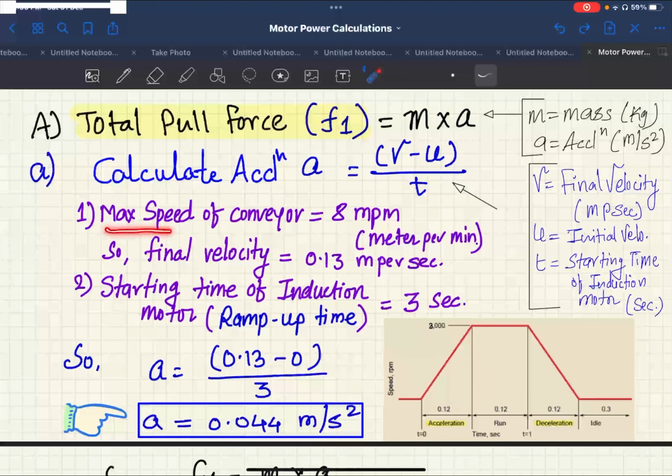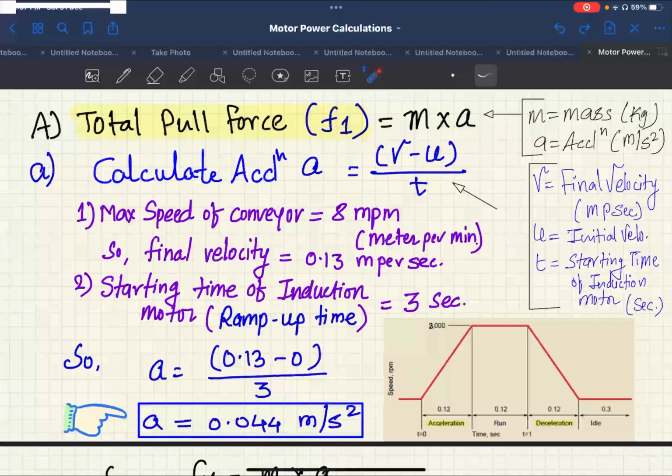So the maximum speed of the conveyor is 8 meters per minute. This you guys need to calculate with the help of the layout of the entire overhead chain conveyor, and see how much time you require to move station by station to deliver the customer components.